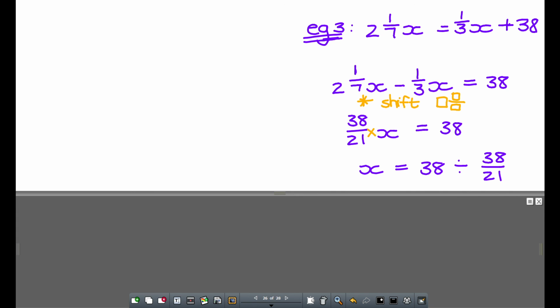Right. Now again, put that into your calculator. Don't try and do it on your own, hey? It's 38/21 times x. So when I get, this is the coefficient, right?